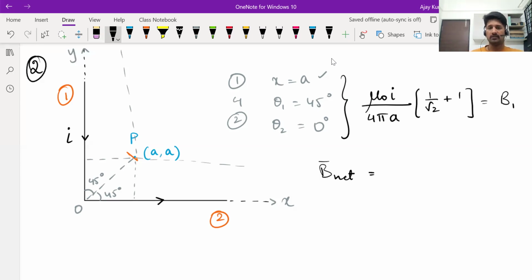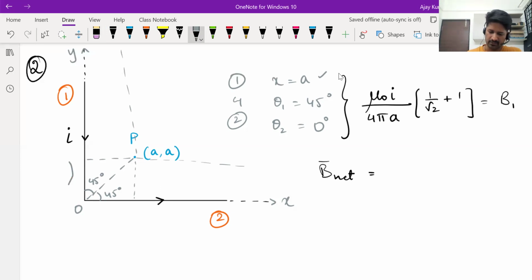Magnetic fields are vector quantities. If you want to calculate the net field, you will have to check the angle between the individual fields. Tell me, what is the direction of magnetic field at P produced by the first wire? It will be towards the viewer, right? Towards the observer, that means out of the screen. Imagine placing your right hand like this.